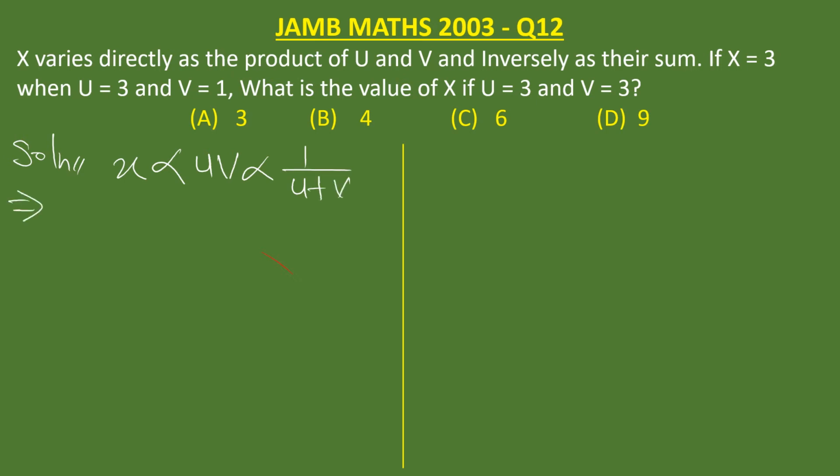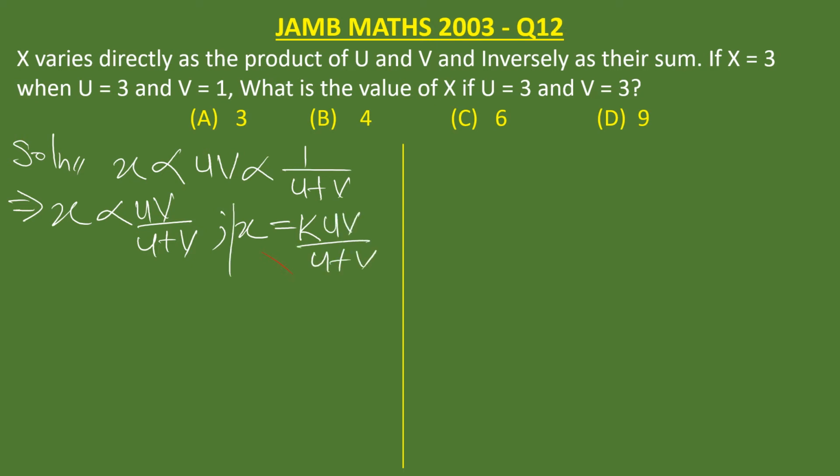Now this implies that x is directly proportional to uv over u plus v, which simply means x is equal to k uv over u plus v. So this is what we are working with.